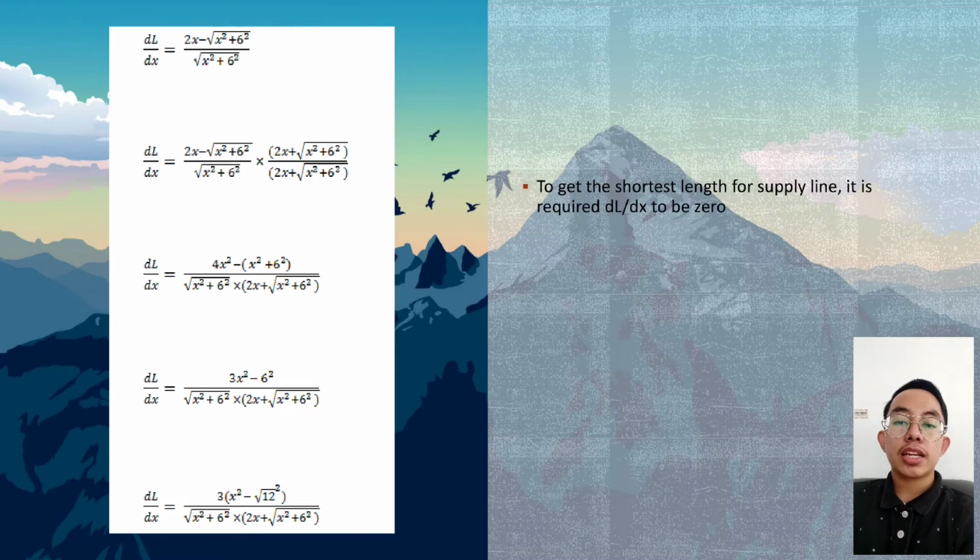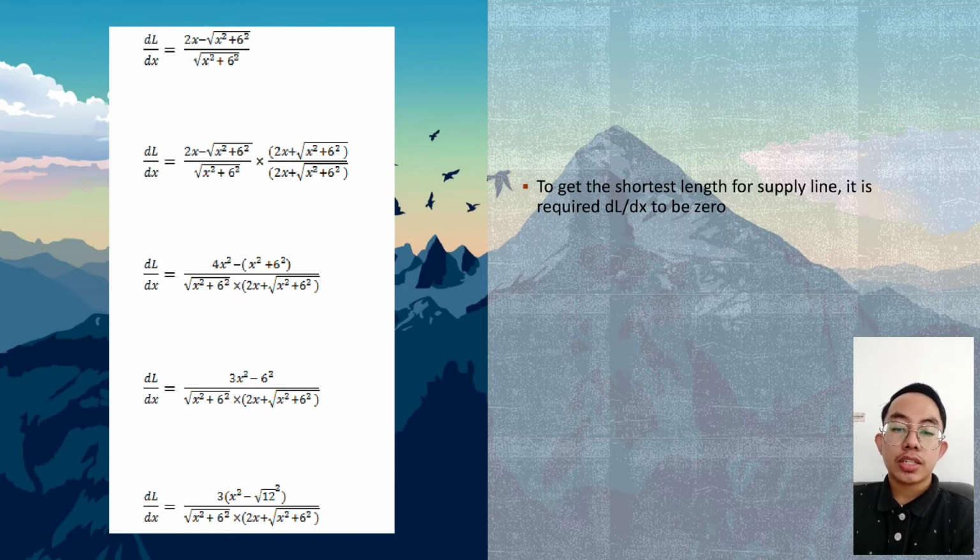Next, dL over dx equals 2x minus square root of x squared plus 6 squared over square root of x squared plus 6 squared. Next, dL over dx equals 2x minus square root of x squared plus 6 squared over square root of x squared plus 6 squared multiplied by 2x plus square root of x squared plus 6 squared over 2x plus square root of x squared plus 6 squared.